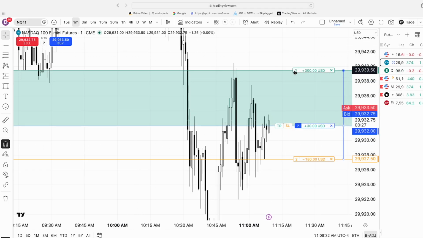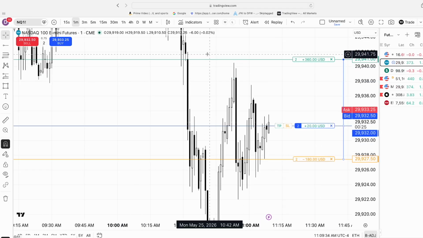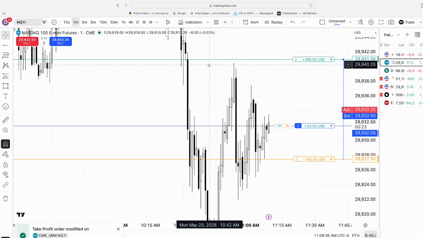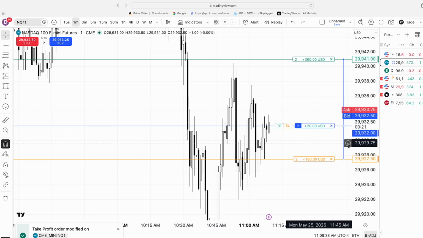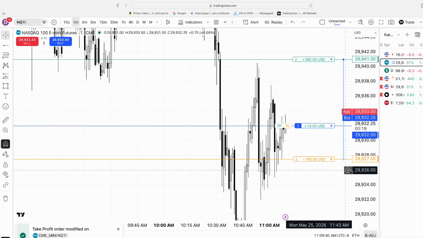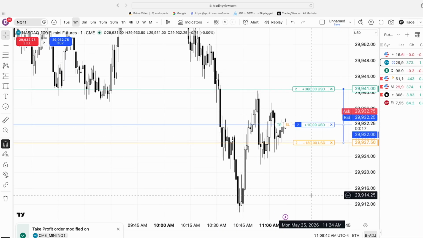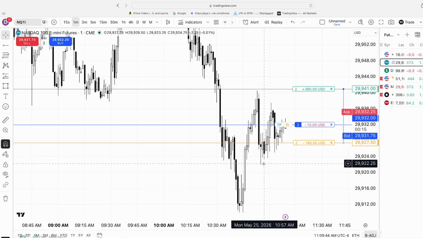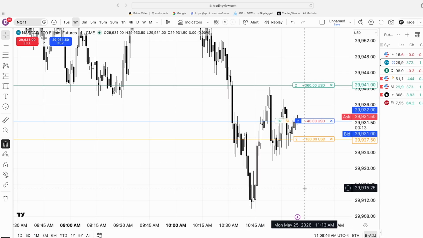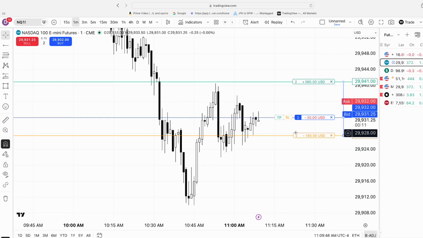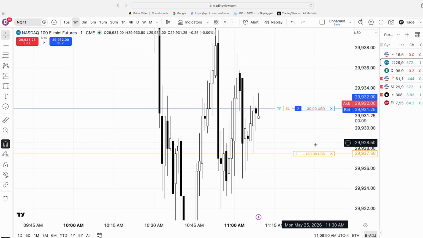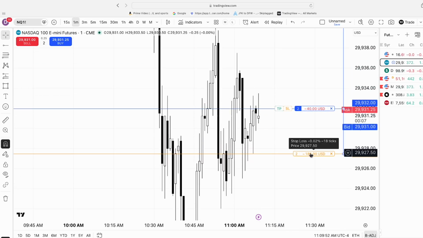If anything, I would say it'll go at least to here. It's probably going to go past, but that's just where my eyes are right now. Again, it doesn't have to, but I feel like it's building. But this is why, in case it does not go there, you have a stop loss in place.